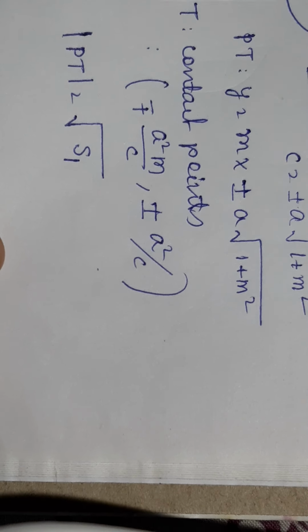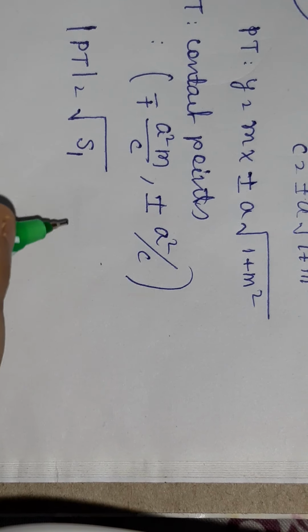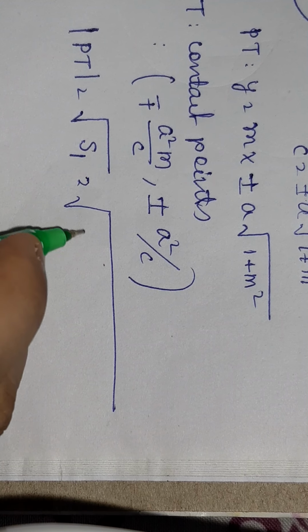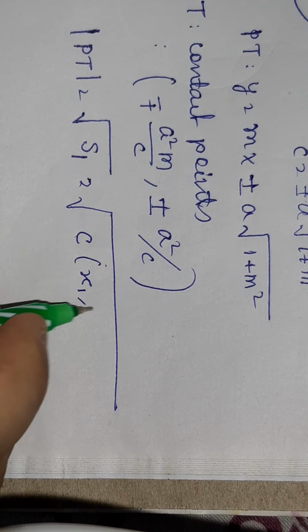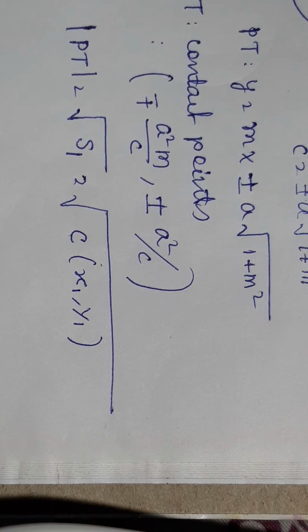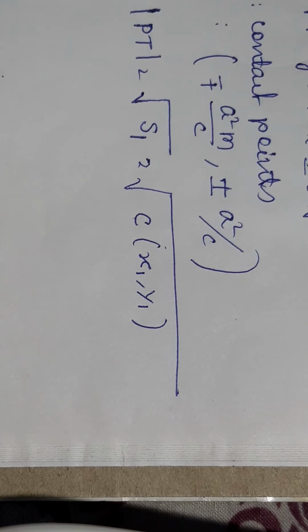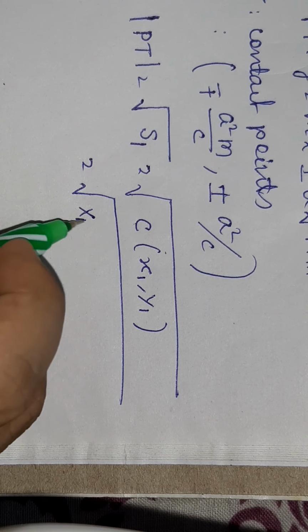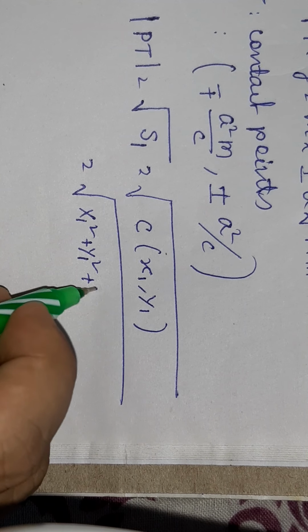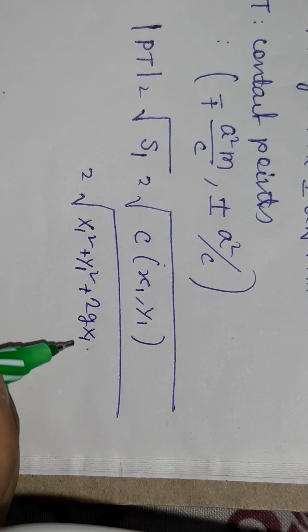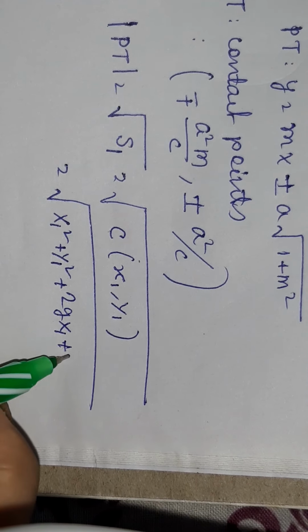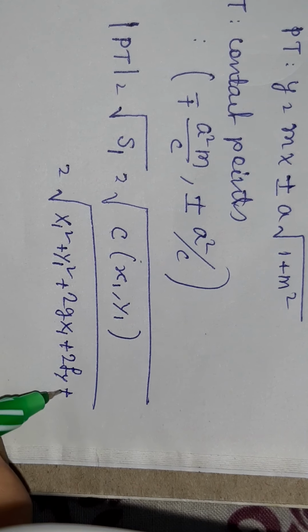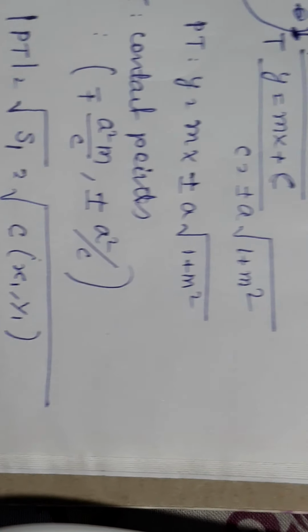The length of PT is root of S1, and root of S1 is root of C(x1, y1), that is, put the values of x1 and y1 instead of x and y in the equation of the circle. In the general equation of the circle we can write x1 square plus y1 square plus 2g x1 plus 2f y1 plus c.